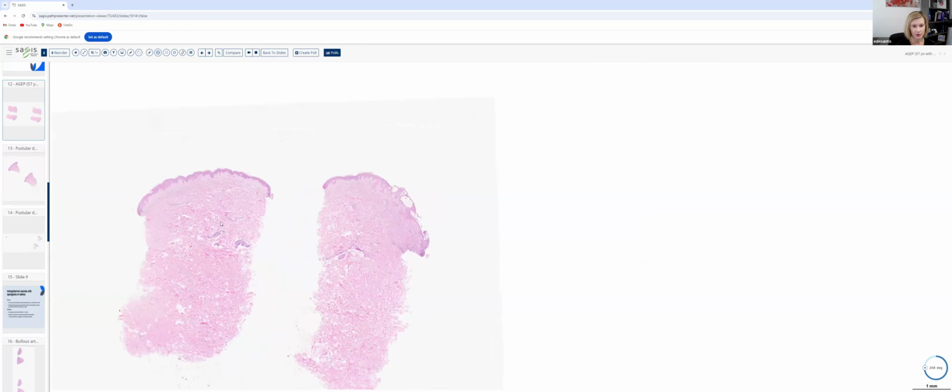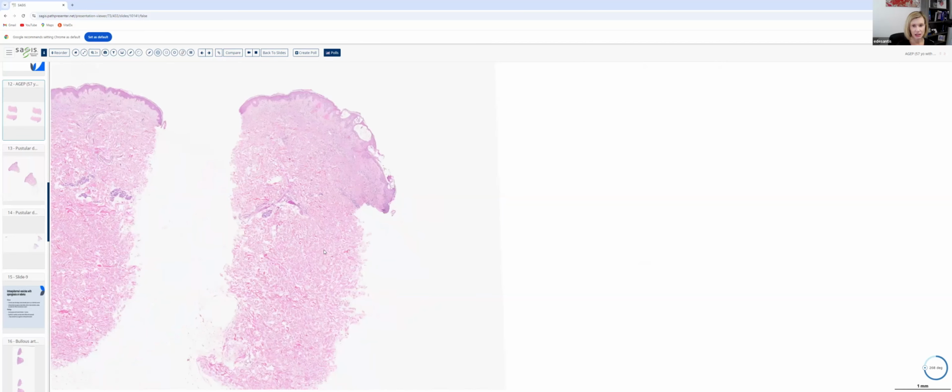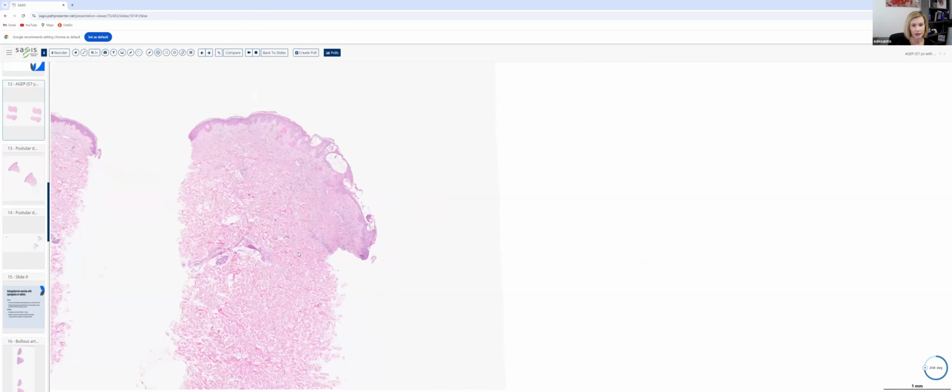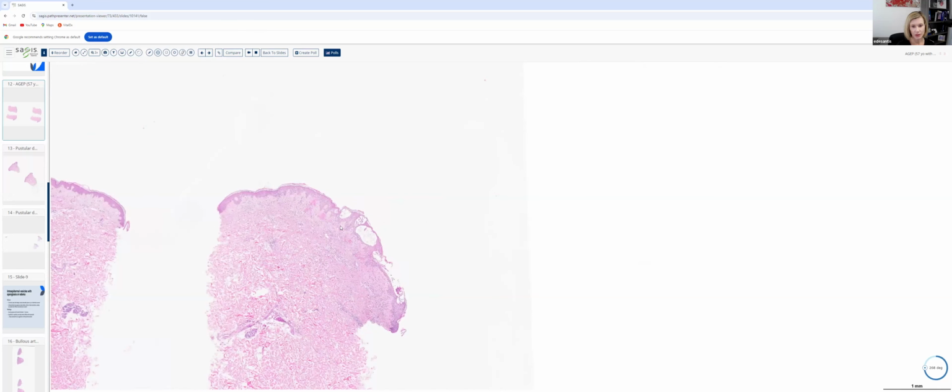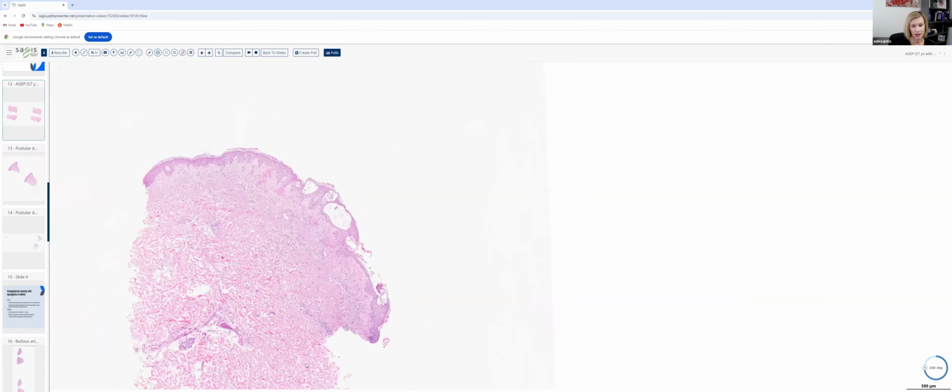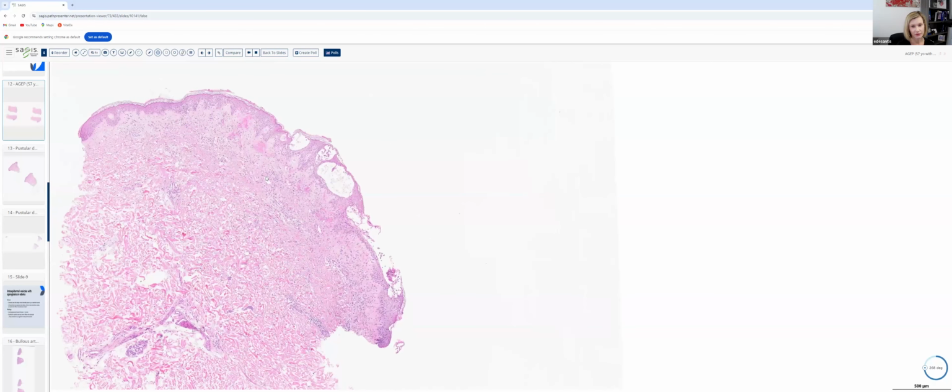So in this case, we have a bisected punch biopsy, and at low power, we see some epidermal acanthosis and large spongiotic vesicles within the epidermis. There are inflammatory cells within these vesicles.